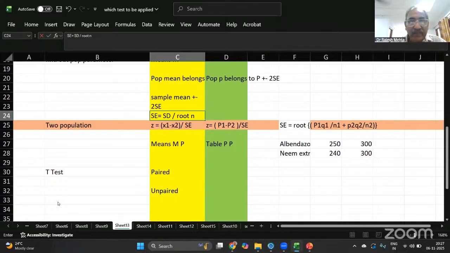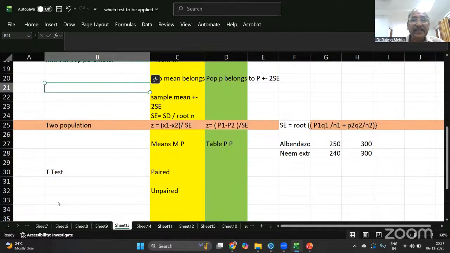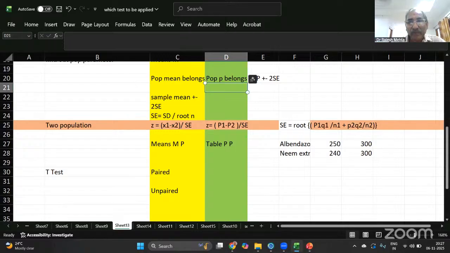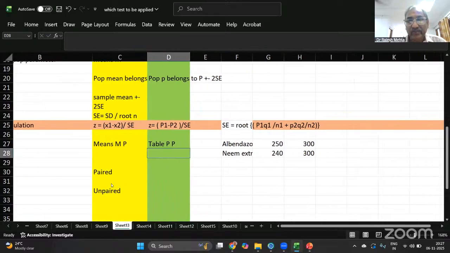This is relatively simple because here Z is equal to x1 minus x2, that is the mean of one sample minus the mean of another sample, divided by standard error. Earlier this standard error was standard error of mean, but this standard error is the standard error of difference between two means. Earlier it was standard error of proportion, but in this case, it is the standard error of difference between two proportions. This is the difference. And this you can find out with the same formula, but written in a slightly different form.